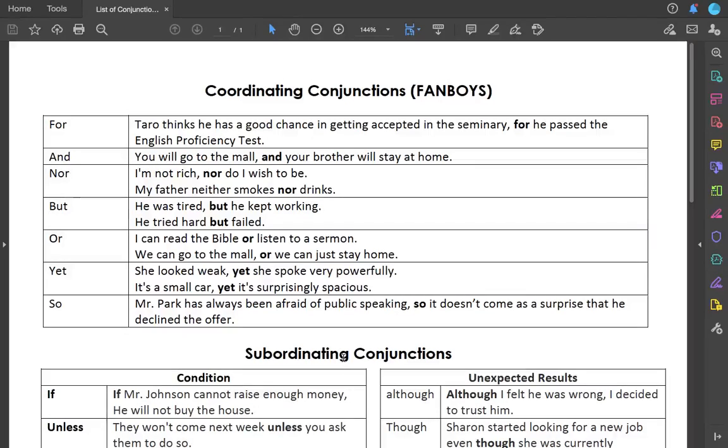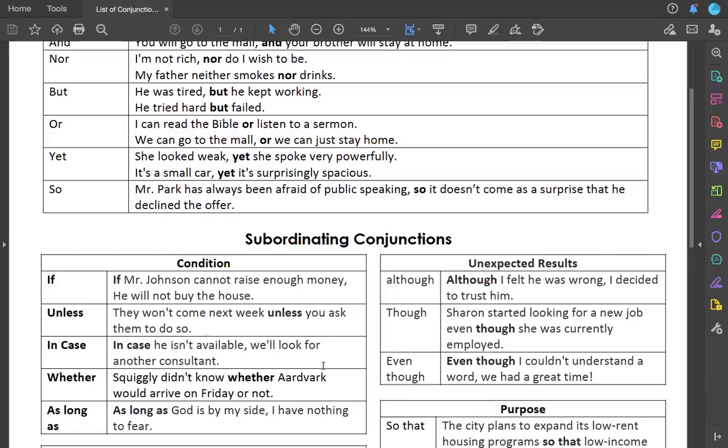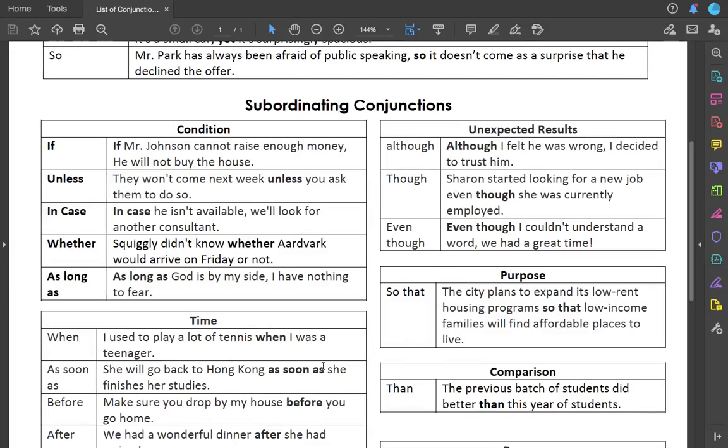Basically, every sentence that you see in English falls under certain categories, and understanding the difference between coordinating conjunctions and subordinating conjunctions is a must. It's necessary for us to go to the next step of writing or understanding the different types of sentences.